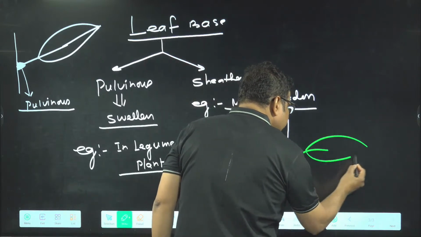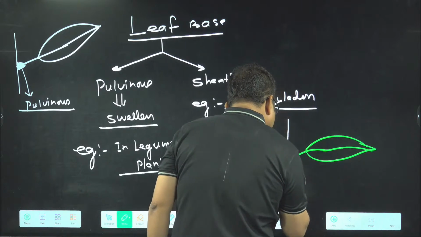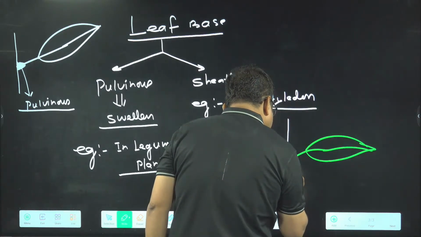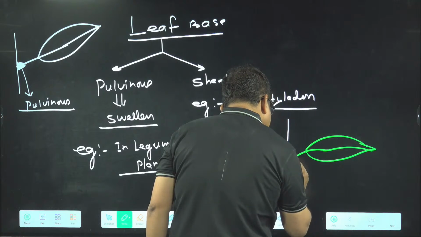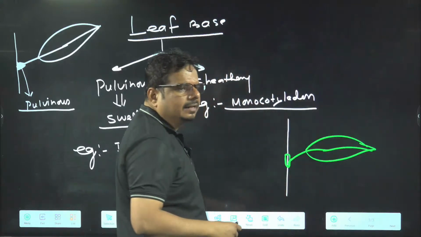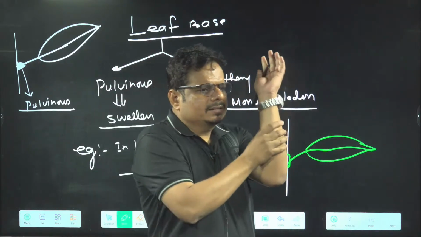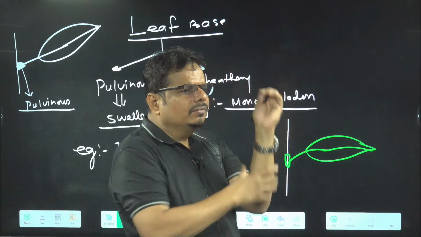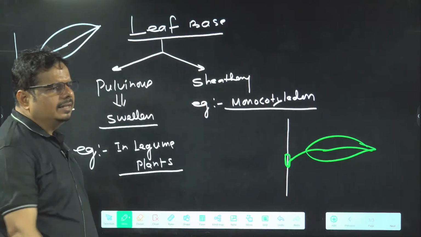This is the leaf and you will find here, it is covering the stem like this. It is covering the stem like this. You are getting the things, either totally or partially. So such kind of leaf base is called sheathing leaf base.